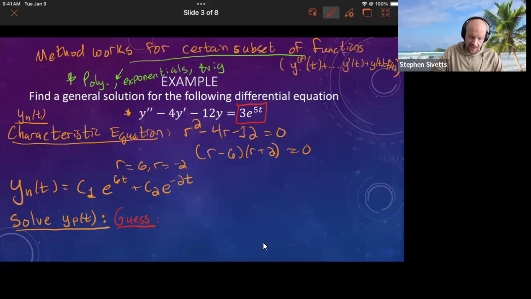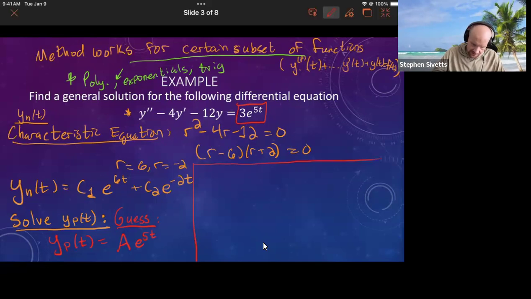Since we have e to the 5t on the right-hand side, we're going to let y sub p of t equal some constant A times e to the 5t. A is a constant, and we want to solve for A in this case.